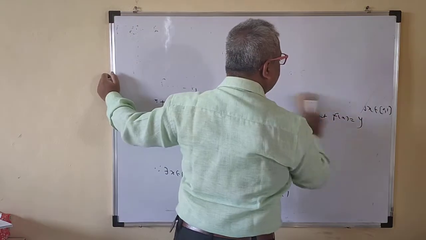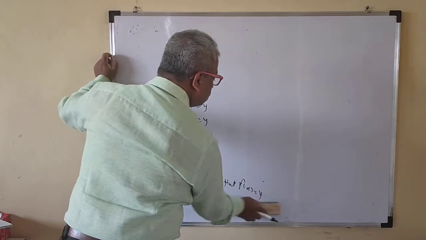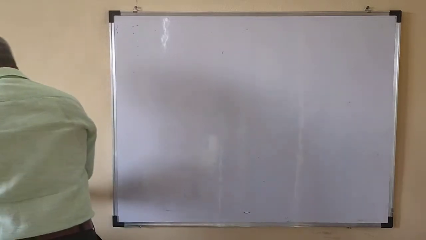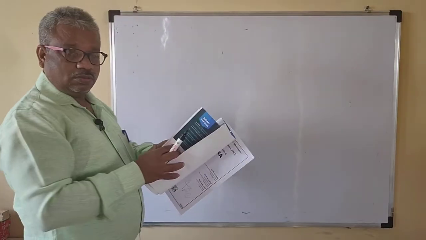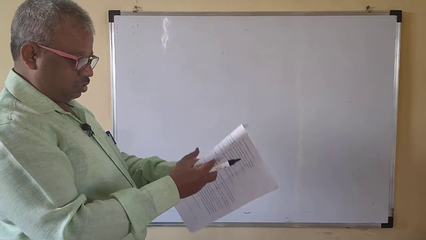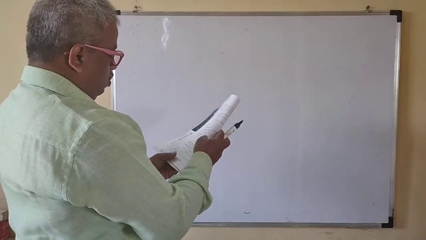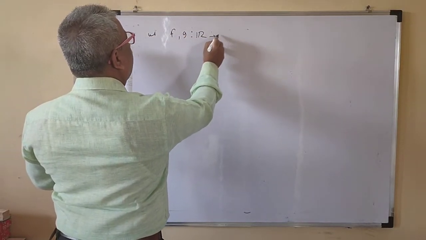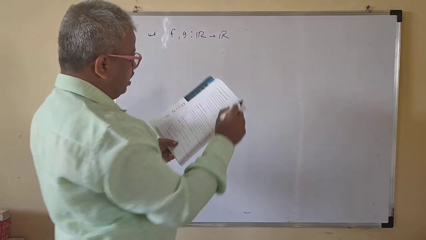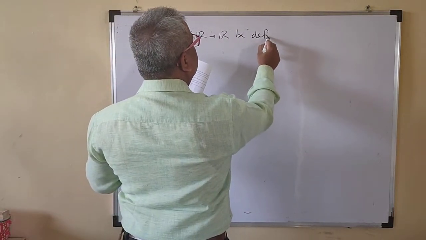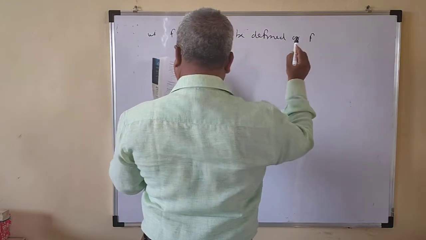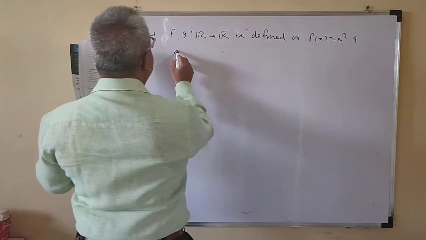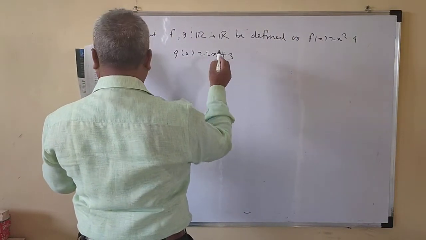This is also a very simple example. So let f and g from R to R be defined as f of x is equal to x square and g of x is equal to twice x plus 3.